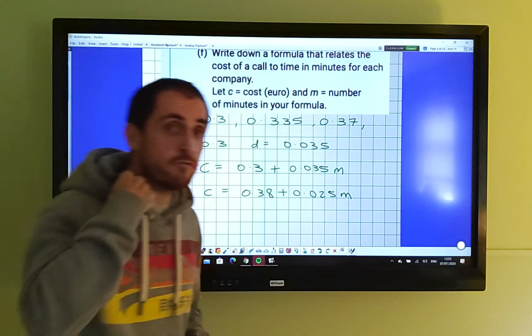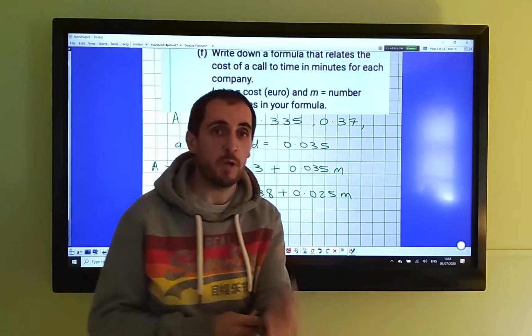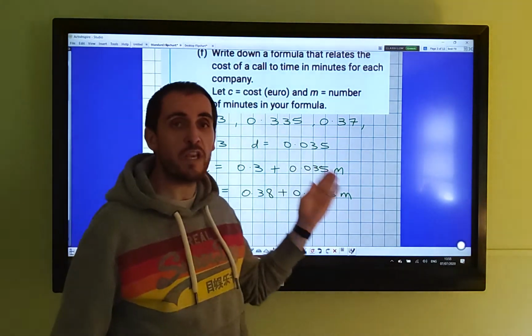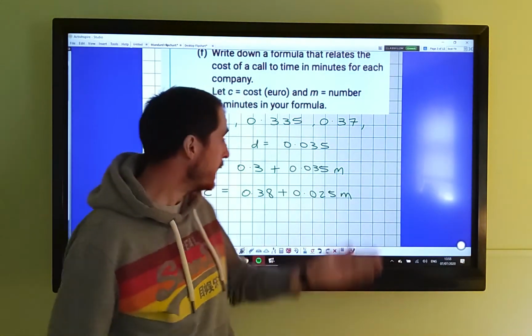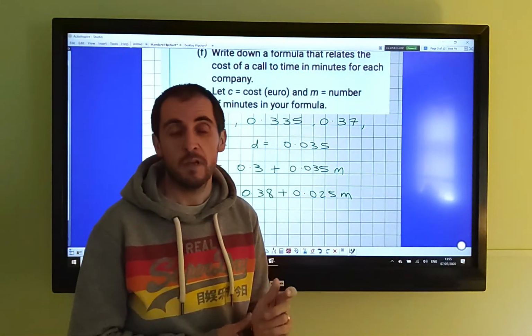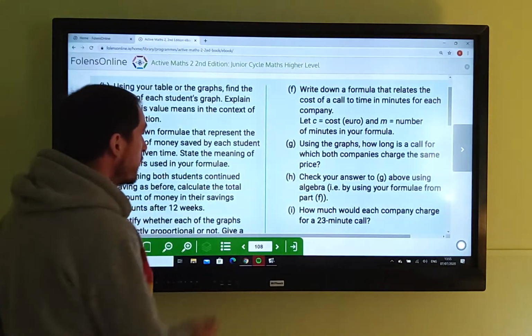So again, just to explain how that formula works, it's 30 cents and then every minute thereafter. If I've gone for 10 minutes, I multiply 0.035 by 10 and add it on to the original cost. And that's how that works. Okay, so that's all there was to that bit.